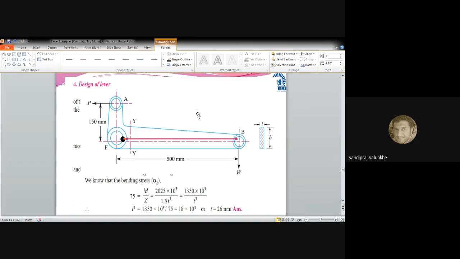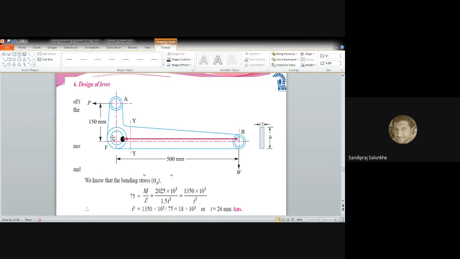Is it 500 millimeter? That black point to point B distance, will it be 500 millimeter? No, sir. It is less than 500.